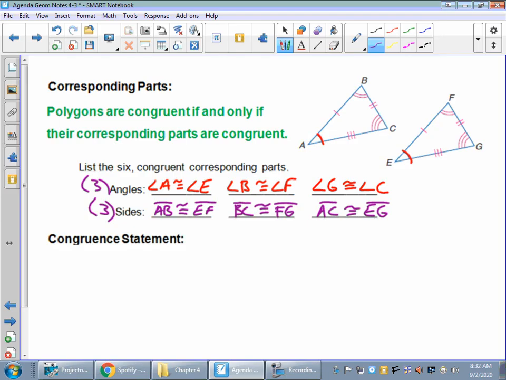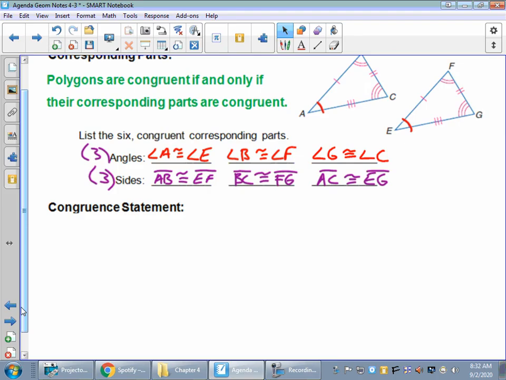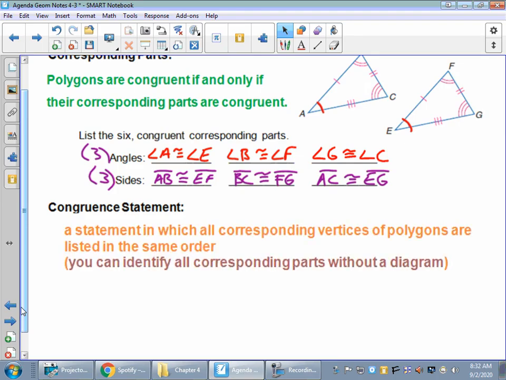And that equals the 6 corresponding parts. Now we get into congruence statements. Of course the labels matter, the angles and the sides, the line segments. A congruence statement is a statement in which all corresponding vertices of polygons are listed in the same order. I can't stress that enough because it's going to help you out as you go.